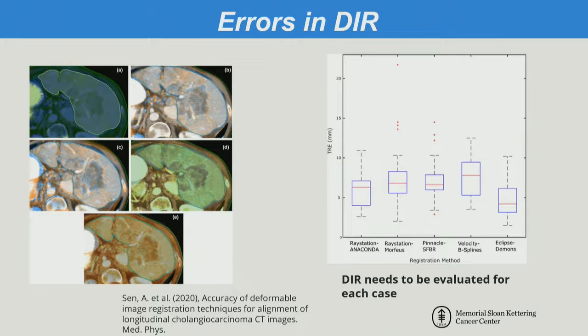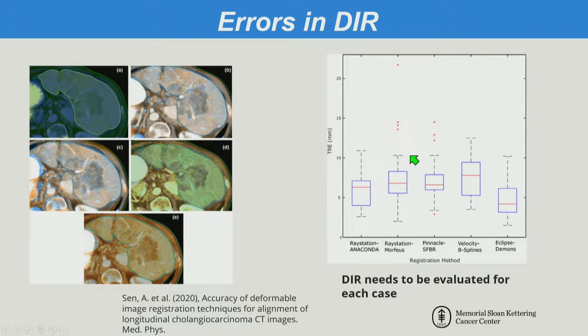And then the last thing to mention is we cannot forget about errors in the deformable image registration. Just to show, in this paper they did evaluate the error in the deformable image registration by several commercially available methods. And as you can see in the graph, sometimes the errors are small, but not always.